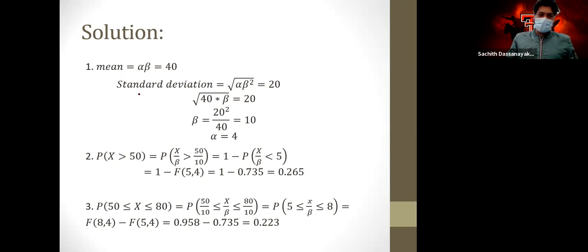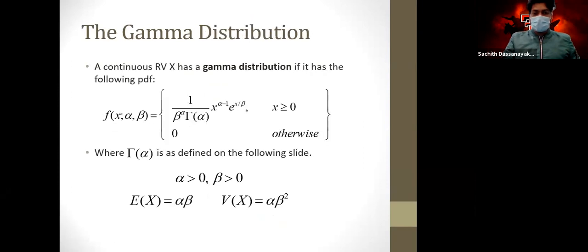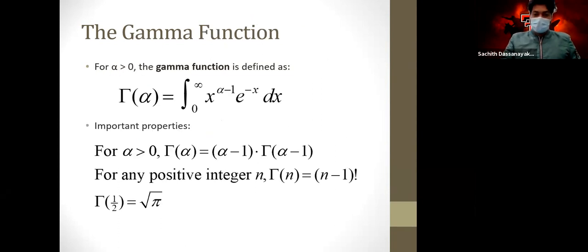We start from the gamma distribution. If you remember, this is the gamma distribution, and this we call the gamma function, which is this one.